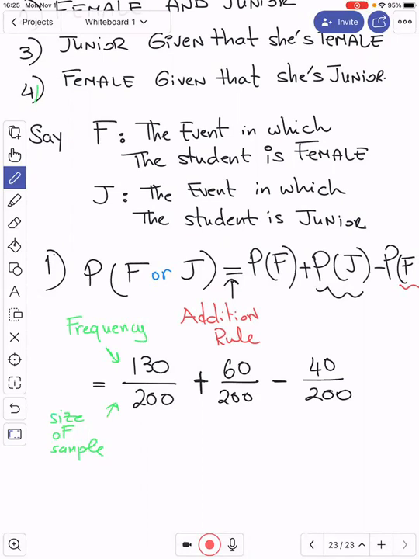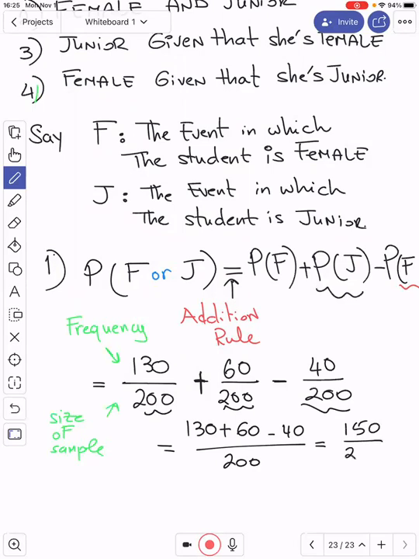All right, so then the probability would be, of course, 130. We have a common denominator, so you keep the common denominator. That's 130 plus 60 minus 40 over 200. It's not 230, it's minus 40.